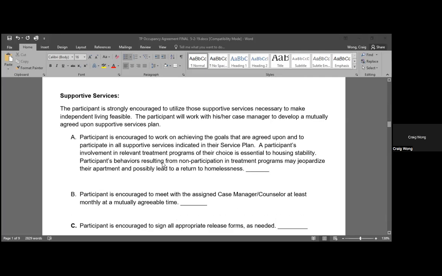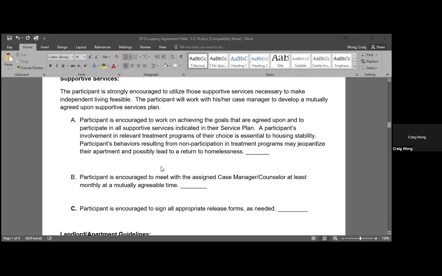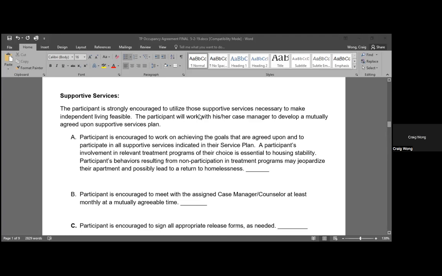Supportive services. The participant is strongly encouraged to utilize those support services necessary to make independent living feasible. In this particular section, please take notice of the words strongly encouraged. It's not mandated, it's not required.